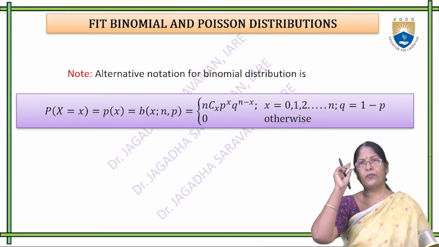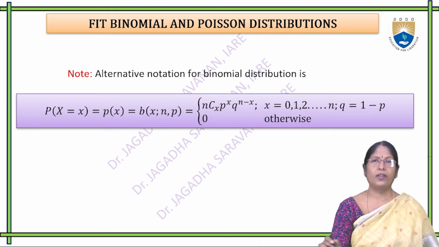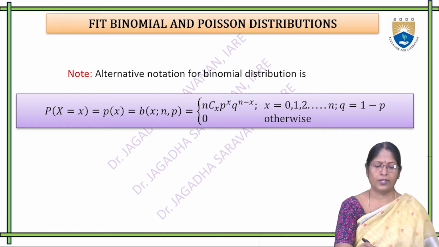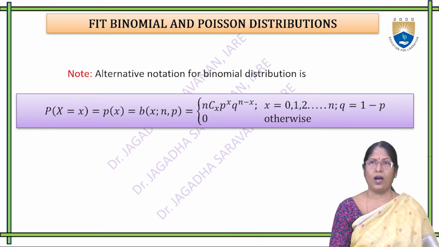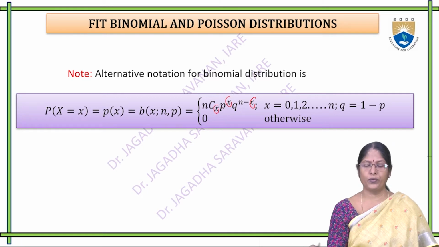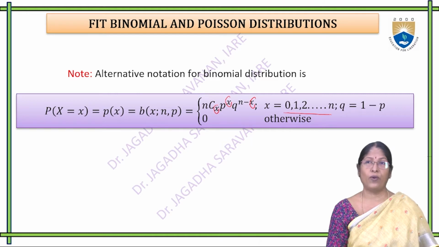In this video lecture, we are going to use the binomial distribution formula, and usually in every textbook this is the notation which is used. In the previous slide we took R, but here we are using X. We are going to do all the problems using this notation, that is NCX, P power X, Q power N minus X. This is a very, very important point: X is taking the value from 0 to N.